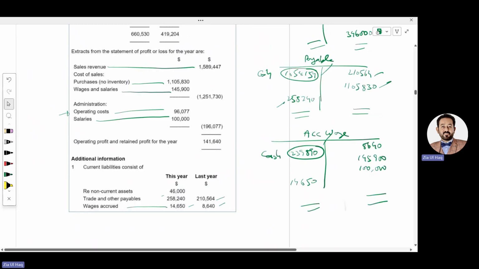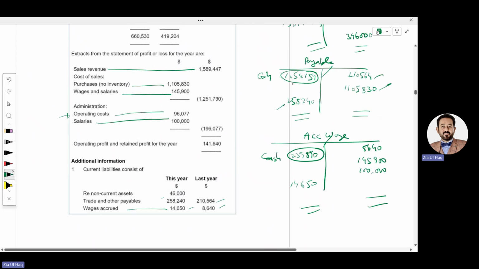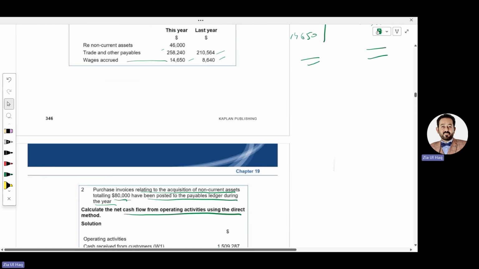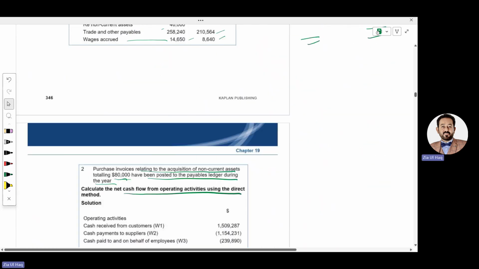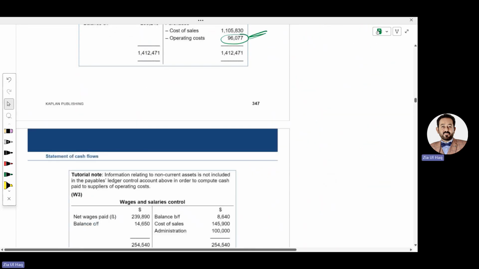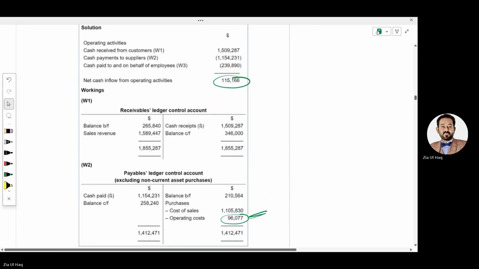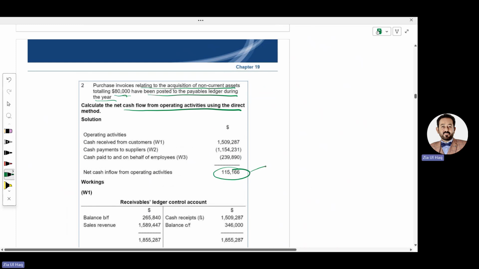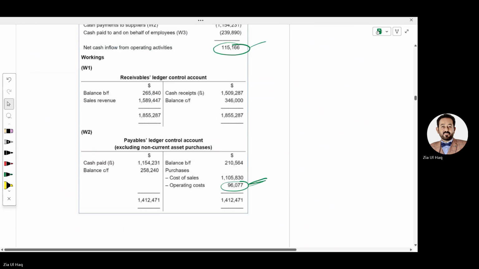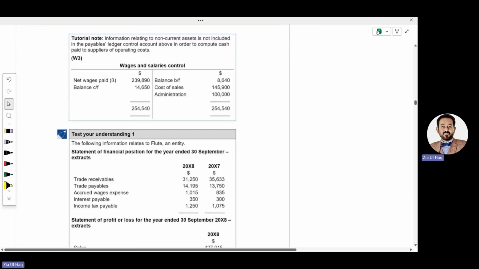So we can just deduct those 80,000 from here. By deducting those, we will arrive at a different figure of cash paid. And then we can compare the three figures and find the answer. There is no tax paid and no interest paid. We have one more question.